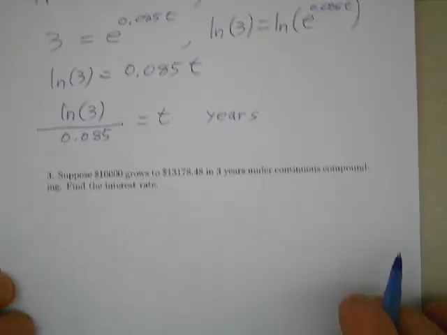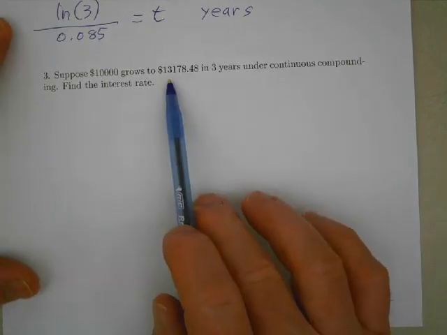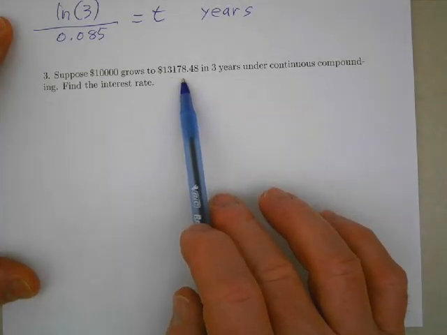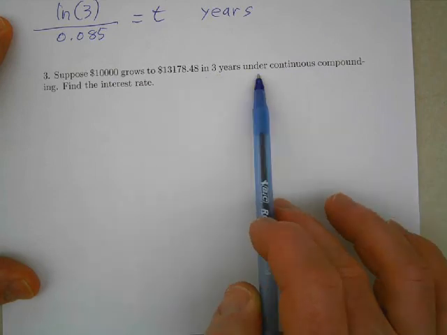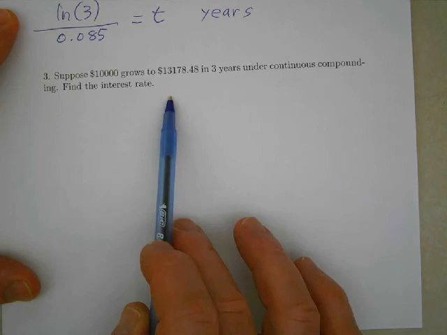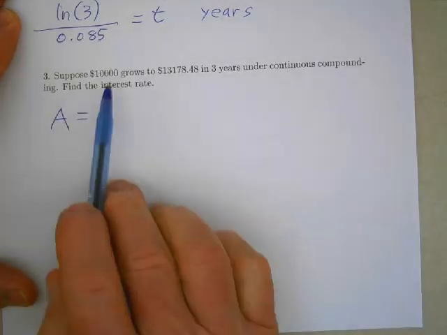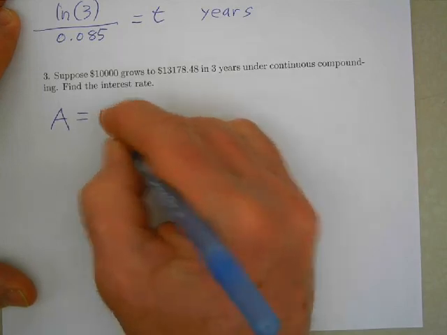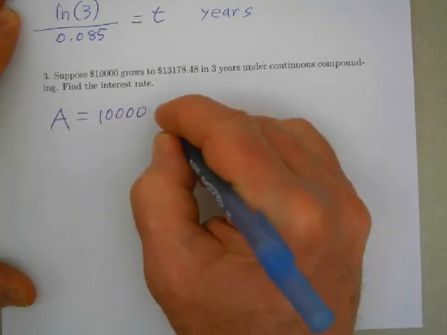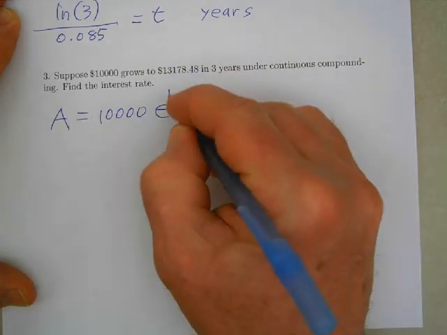Okay, in the next problem, suppose $10,000 grows to $13,178.48 in 3 years under continuous compounding of interest. Find the interest rate. So first we'll write the function. The initial amount invested is $10,000. We don't know the interest rate, so we'll write 10,000 times e to the rt.